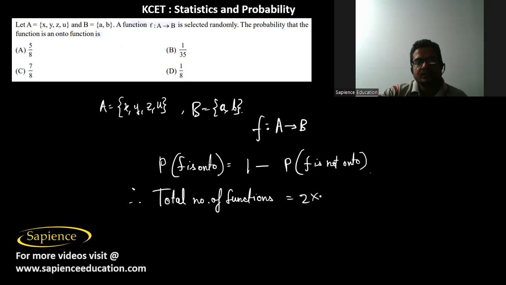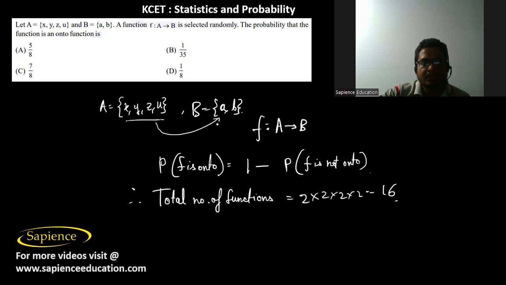So it will be 2 into 2 into 2 into 2, that is equal to 16 functions. Now the function which is not onto means that all the elements in A will be mapped with any one of A or B. So there are only 2 functions which are not onto.